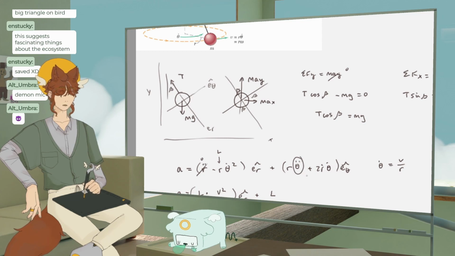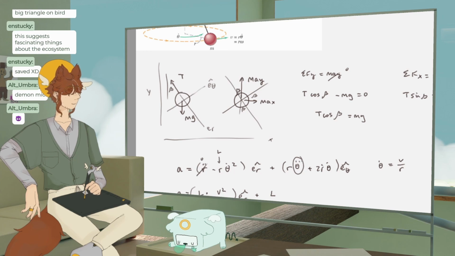Theta double dot. Are we saying it's not accelerating, or are we saying it's accelerating? What do we think, tangentially? It doesn't say constant tangential velocity.